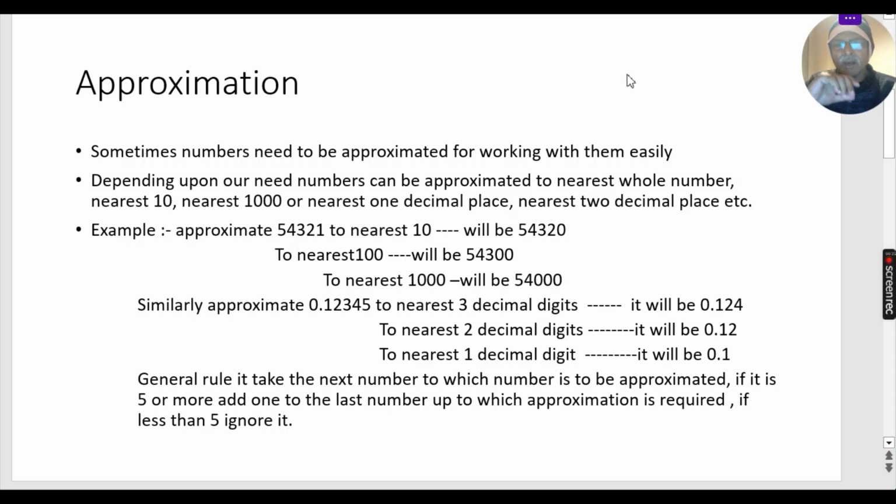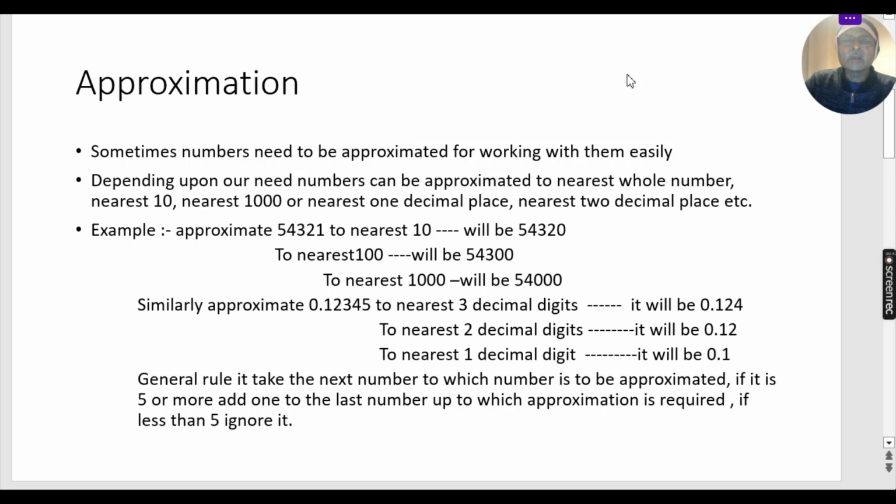Sometimes it is required to work with the number easily, so we approximate the number. Just for an example, if you have to pay 105 rupees to somebody, we can say approximately we have to pay 100 rupees. Got it? So that way we approximate.